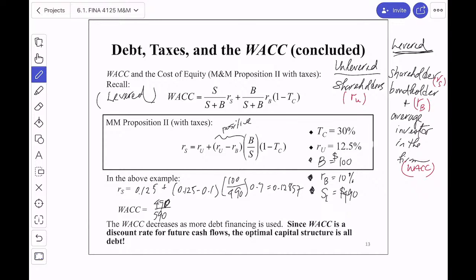And then the return would be 100. Again, 590. And then RB is 10. And 1 minus TC is 7.